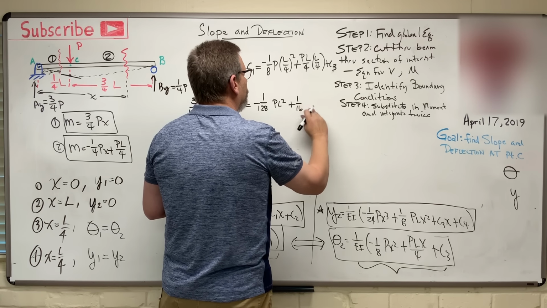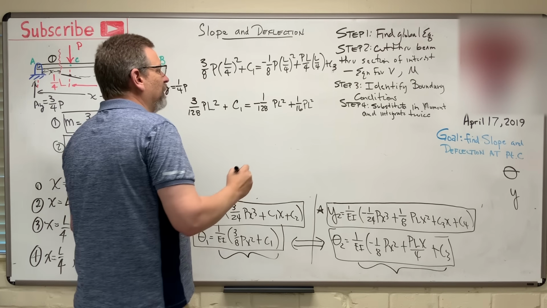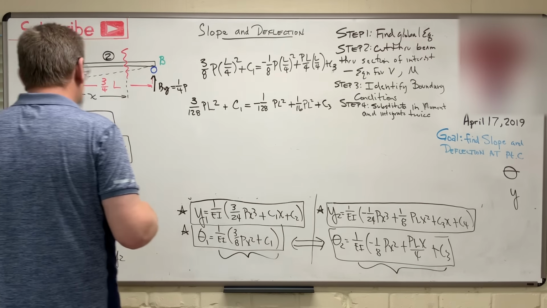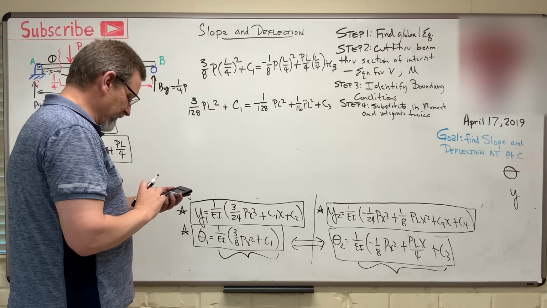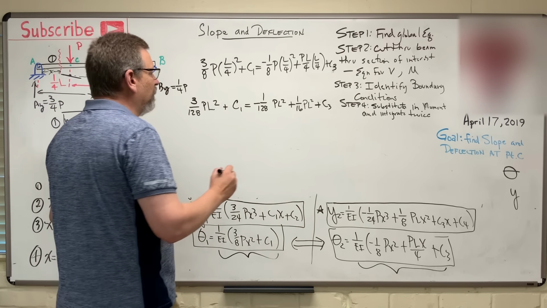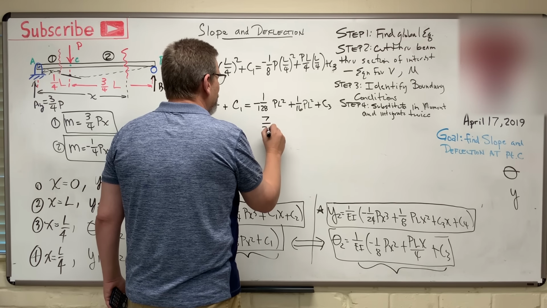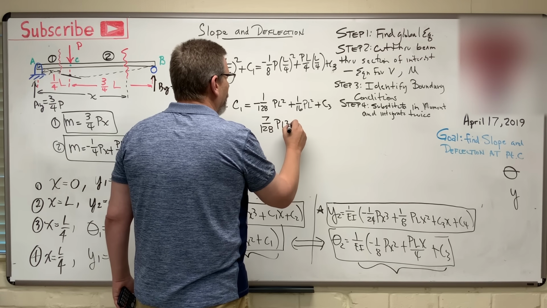1/16. Goodness, PL squared plus C3. Okay, let's see. Do we know 1/16 is how many times divided by 16 equals 8? So this whole thing over here becomes 7 over 128 PL squared, right?